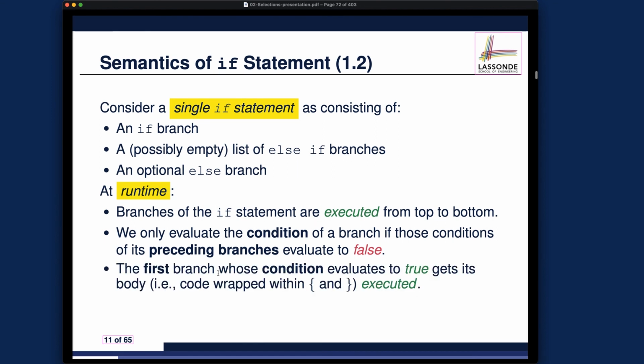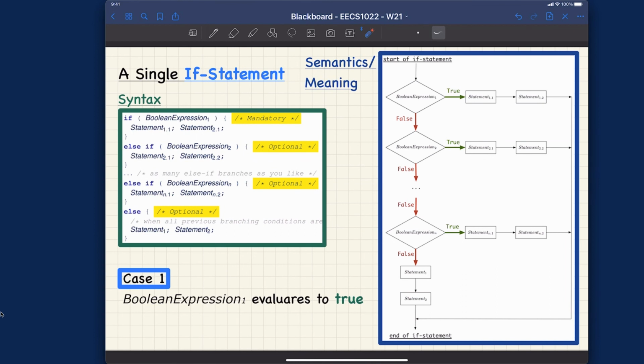Finally, the first branch whose condition evaluates to true gets its body, the code wrapped within the pair of curly brackets I already talked about, executed. So think about the very first branch which evaluated to true.